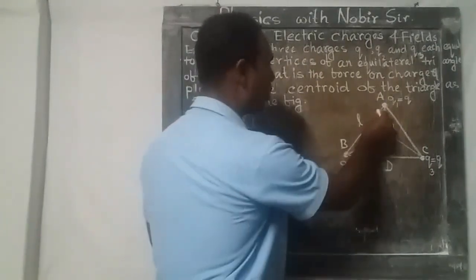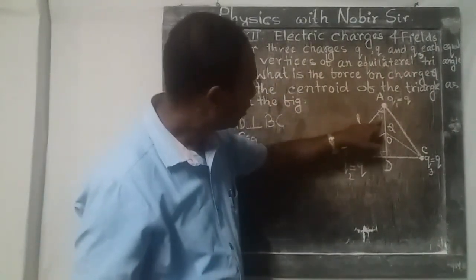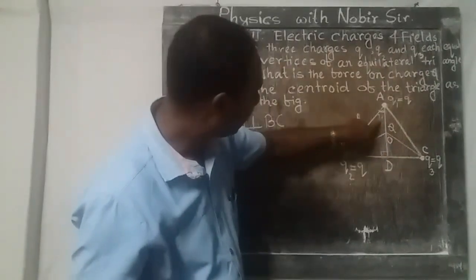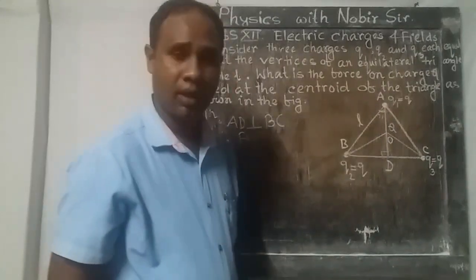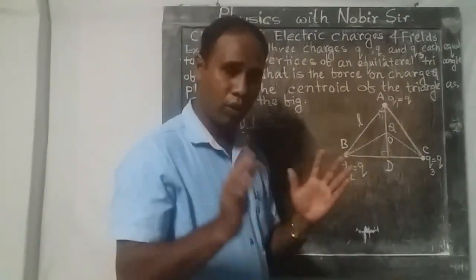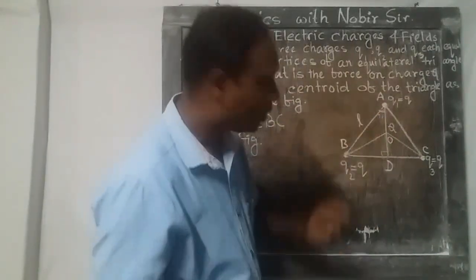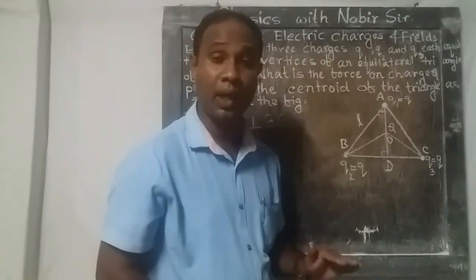If this angle is 30 degree, then AD will be the base, AB will be the hypotenuse, BD will be the perpendicular. No need for BD, so AD will be the base. So what will be the value of base by hypotenuse?